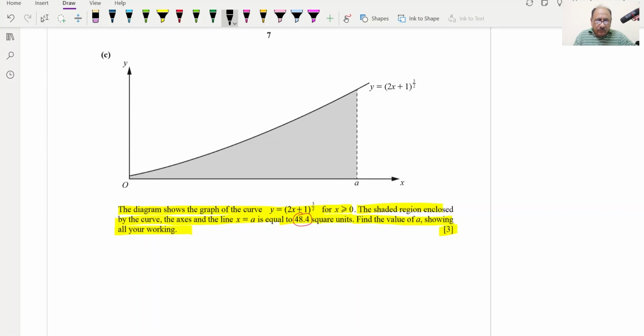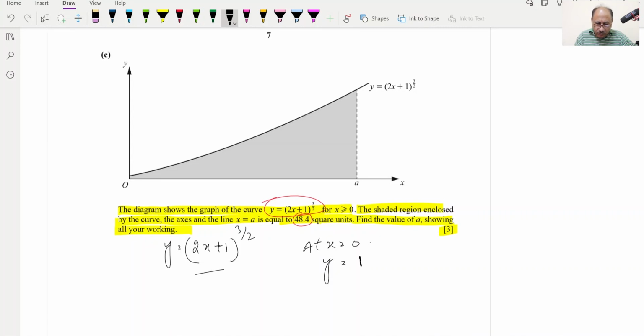So what we can do, we can take this given equation, y is equal to 2x plus 1 raised to the power 3 by 2, and at x is equal to 0 we can check, y will be equal to 1.